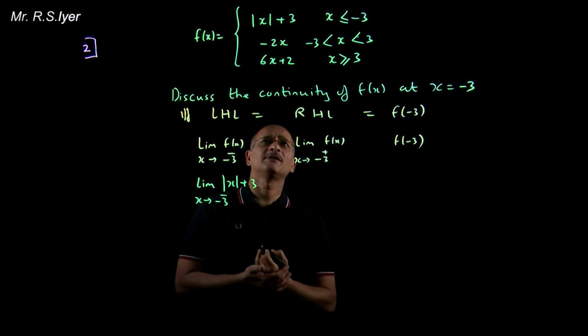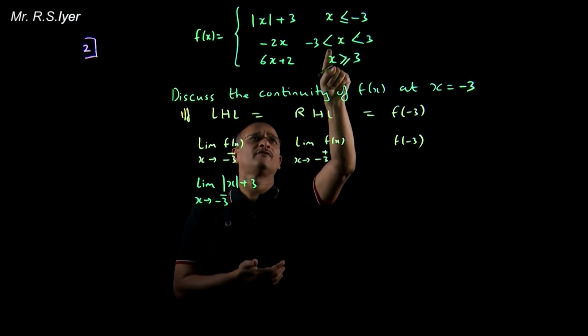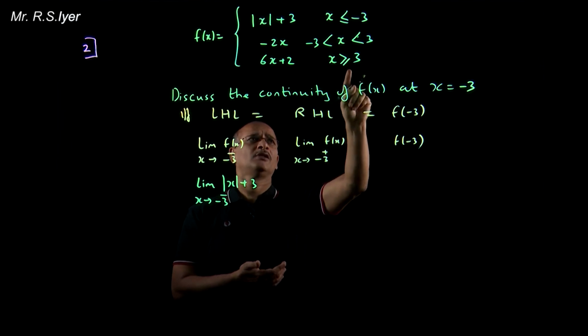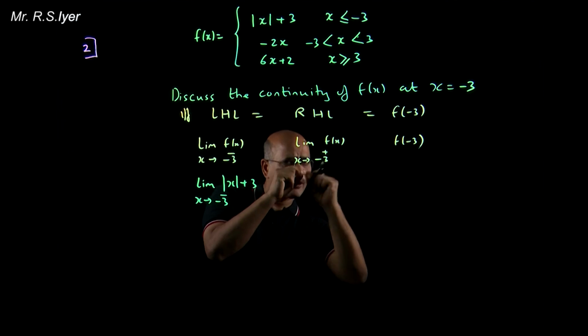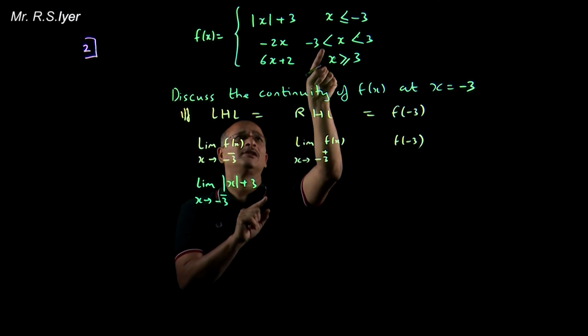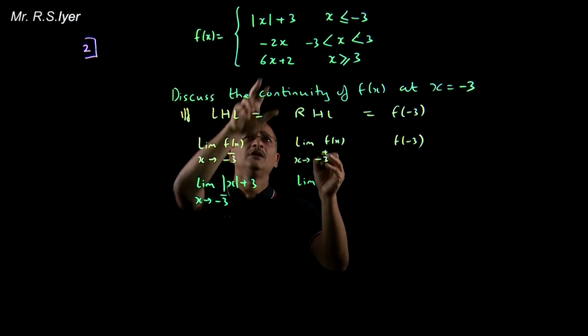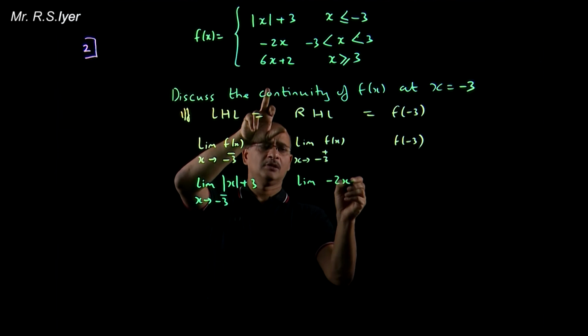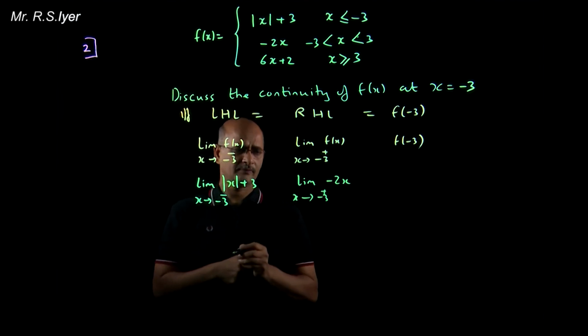So -3 plus, which function will you consider? Greater than -3, the second function. Now this is not -3 plus, please, it is -3 plus in the neighborhood of -3, that is a very small increment. So I think the second function is very clear. So limit of the function -2x as x tends to -3 plus.